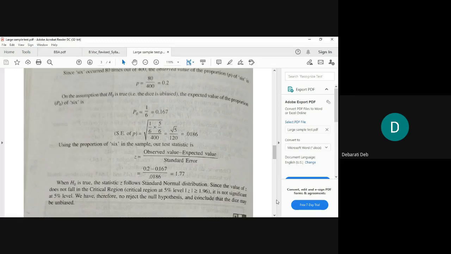Z, small z equals to, this is the formula. You can also write small p minus p naught, or you can also write observed value minus expected value. Write down: our test statistic is small z equals observed value minus expected value divided by the standard error.